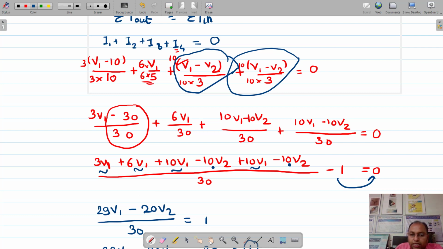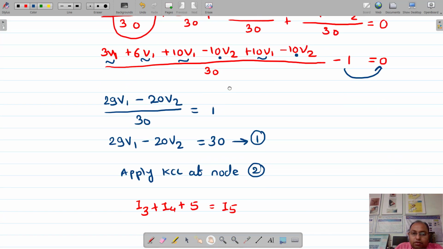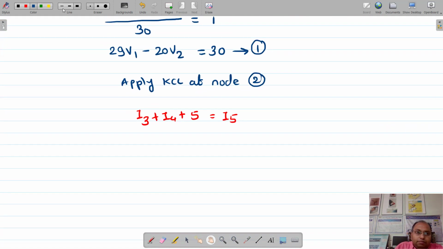V1 minus V2 divided by 3, right? So let us write it. V1 minus V2 divided by 3 plus similarly V1 minus V2 divided by 3 plus 5, it will be as it is. Let us take this plus 5 to the left. Let it be as it is right now.